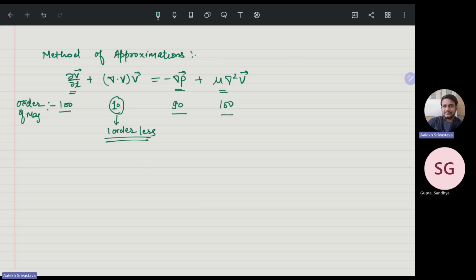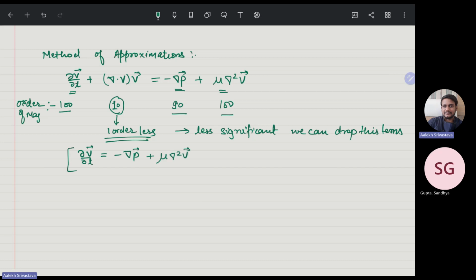This term is less significant, so we can drop this term. If we drop this term, the equation will look like this: del v by del t is equal to minus grad p plus mu of grad square v.